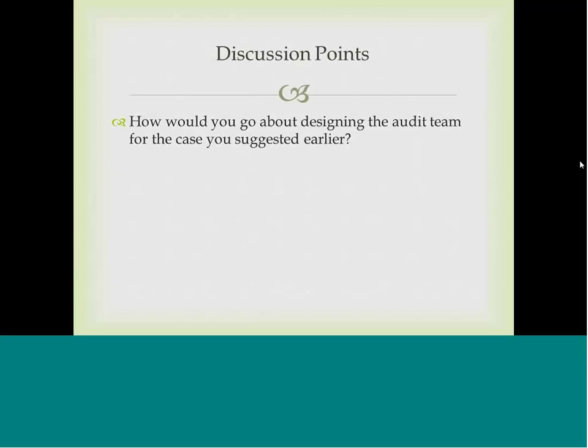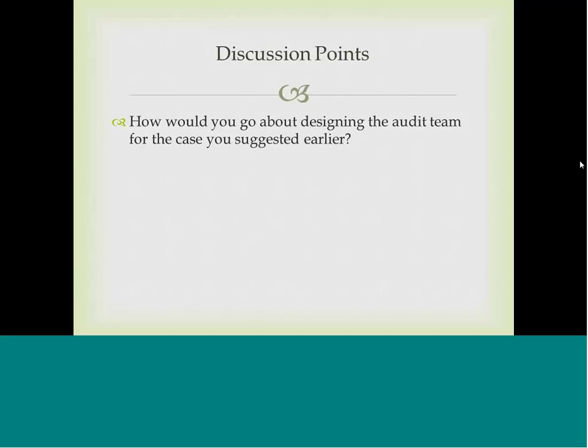Okay, so we talked a little bit about the process of conducting an audit. Now, given what you know about the focus of the audit, I'd like you to speculate as to who you would want to have on your audit team.